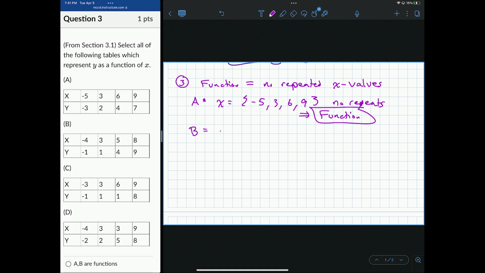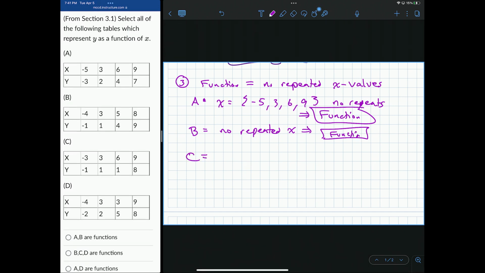There's no repeated x values, so that means it's a function. C, we have -3, 3, 6, 9. The key is that there's no repeated x values, so it's also a function for the same reason as the others.